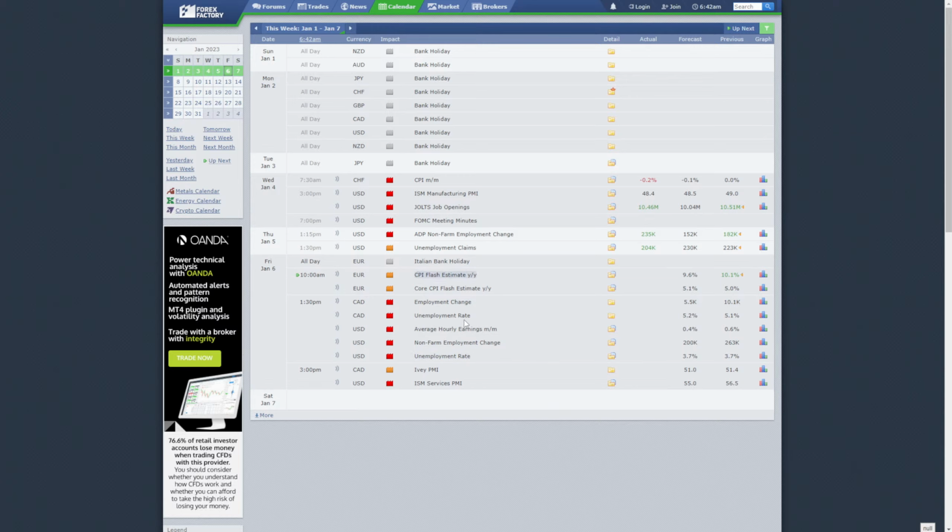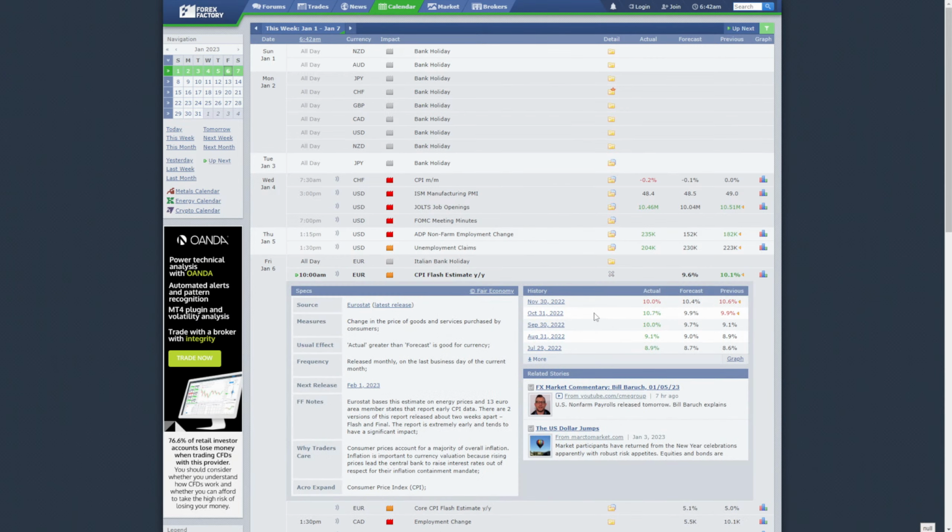We've got the CPI figures, which is the flash estimates for the euro this morning at 10 o'clock as well. So we may get a bit of volatility around that depending what they come out as. These are only flash inflation estimates. The reason they're orange is because we get hard and fast CPI figures every month, and these are just an estimation of what they think the annuals are going to be.